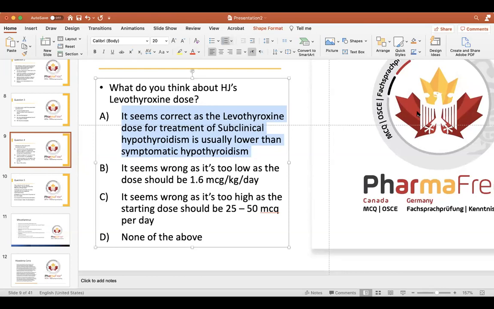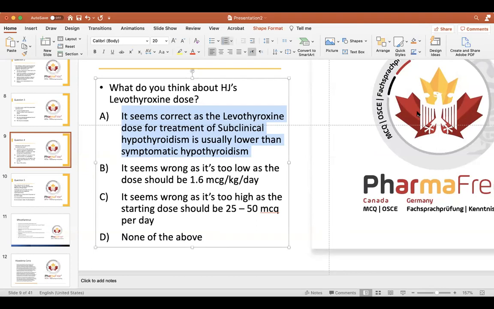Yes. If there are no risk factors, no problem, you don't need to titrate. Why don't we need to titrate? I mentioned the answer a few minutes ago. Because it's a pro-hormone. Yes, it's a pro-hormone. So the body will take it, metabolize it, extract the necessary amount, and excrete the rest.